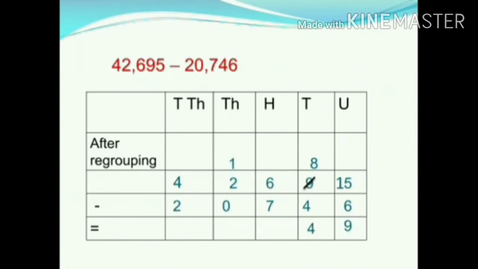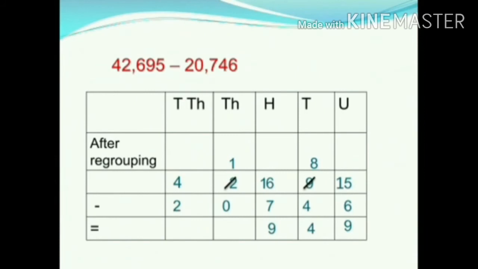The hundreds place can be written as 10 hundreds plus 6 hundreds equals 16 hundreds. After borrowing 1,000, thousands place is left with 1,000. Now subtract hundreds place digits. That is 16 minus 7 is equal to 9. Write 9 in hundreds place.